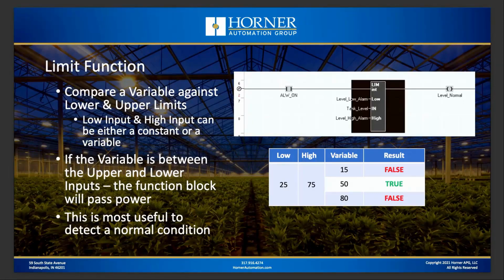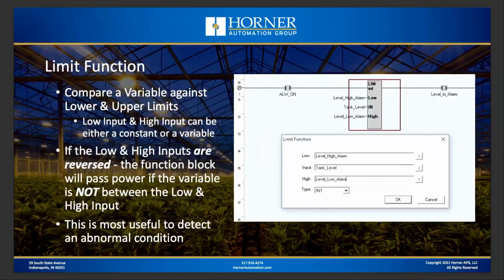So as you can see, that is tremendously useful for determining if a process is running in a normal condition, using the variable with a low and a high limit. But let's say, for example, that you're trying to determine if a value is outside of those limits because you want to detect an alarm condition. Well, you can still use the limit function, but this time just reverse your low and high inputs.